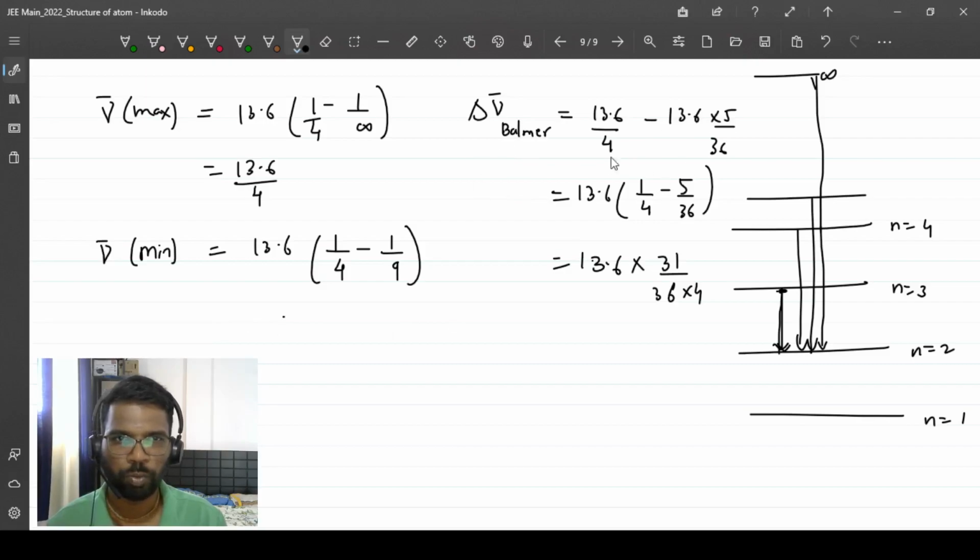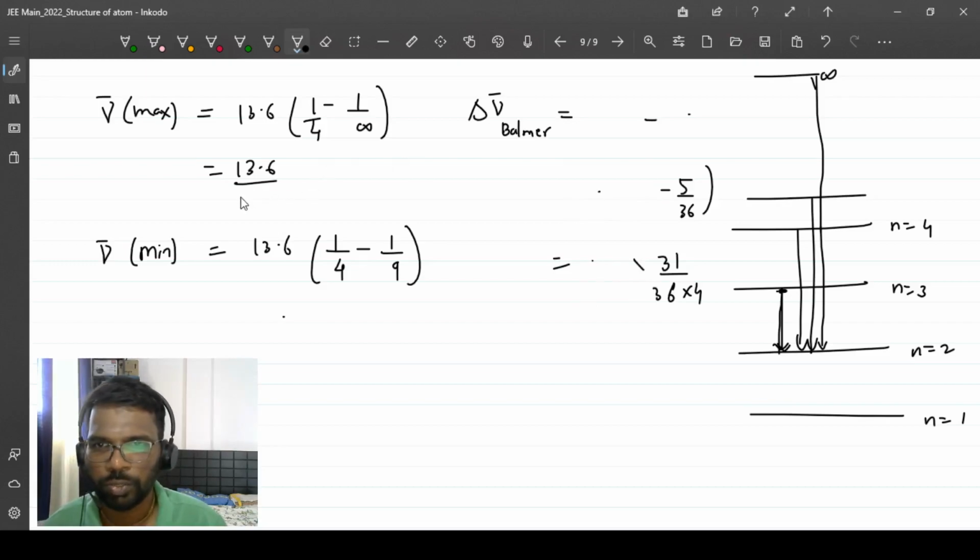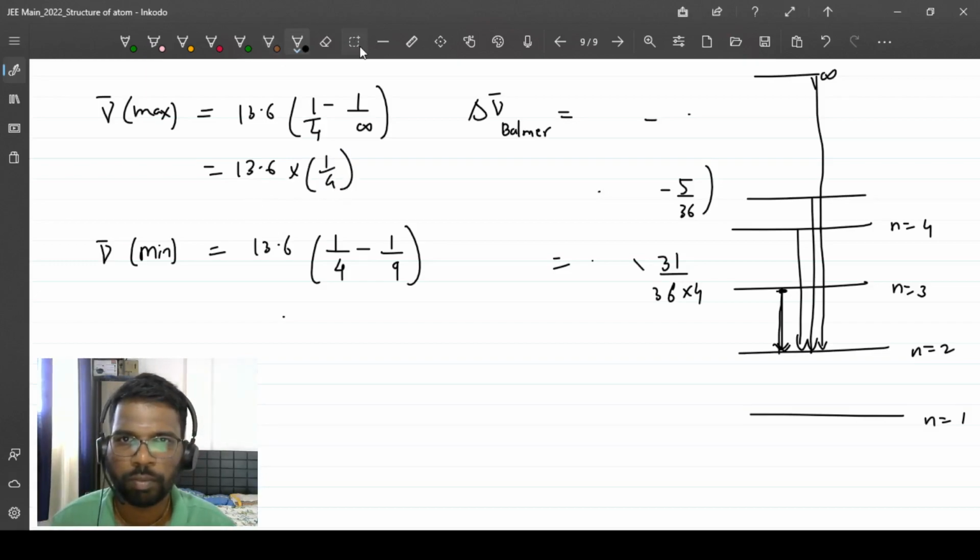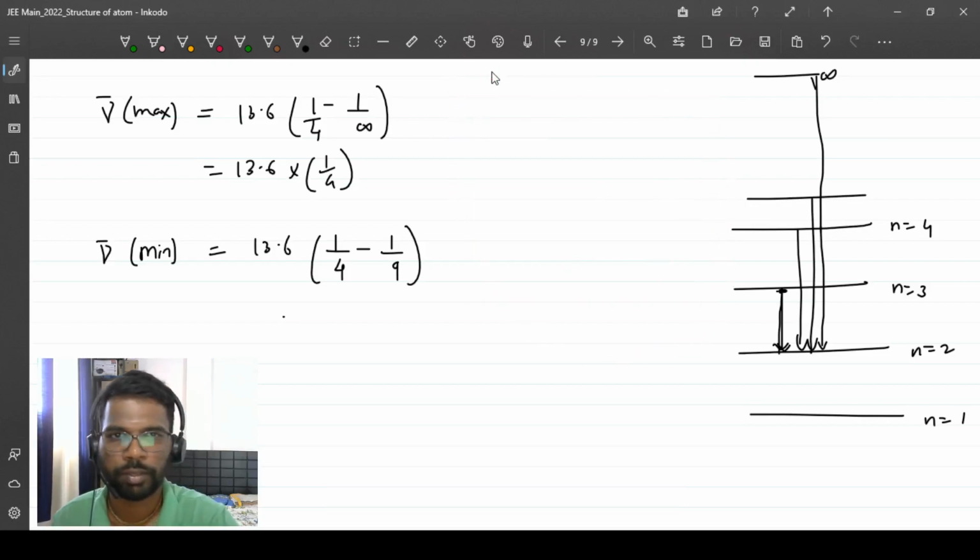We don't have to do so much. Why do so many calculations? We can write this term as 1 by 4, and this term as 1 by 4, right?